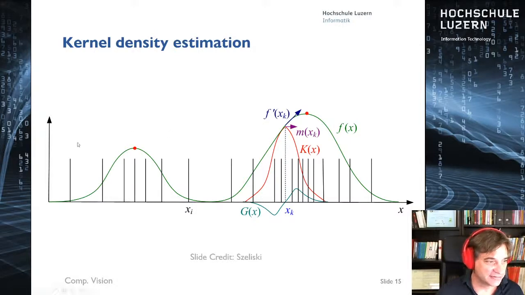The idea behind this is like so. Here we are in 1D, so we have features at some specific points in our feature space, and for each point here we replace the point with a Gaussian, and then when we do that for each of those points, we sum all the Gaussians together, and then we get this green curve here.